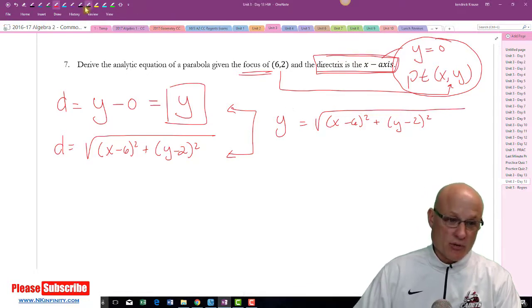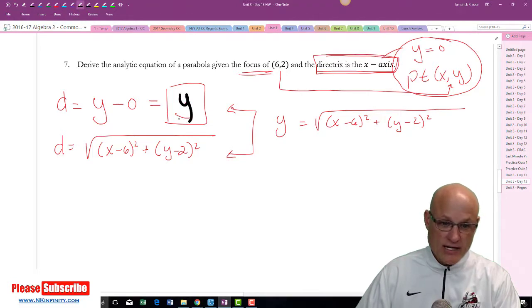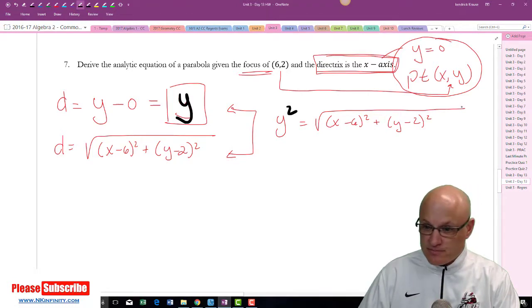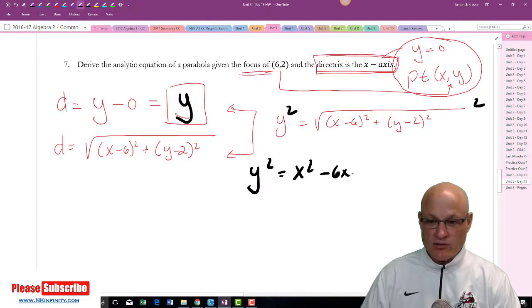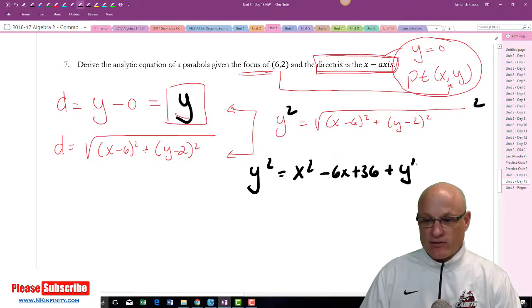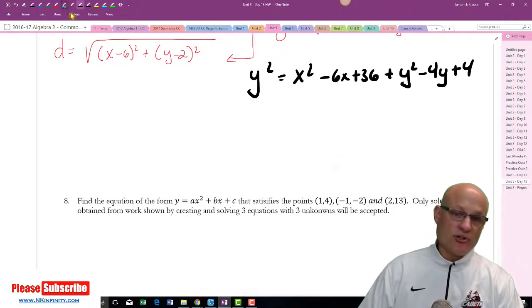But now we square both sides. So I end up getting y squared equals x squared, double it, minus 6x, square it, plus 36, plus y squared minus 4y, double it, plus 4. The y squareds cancel as they should.